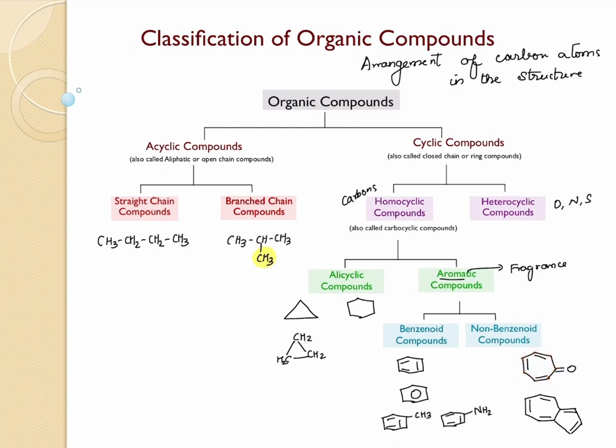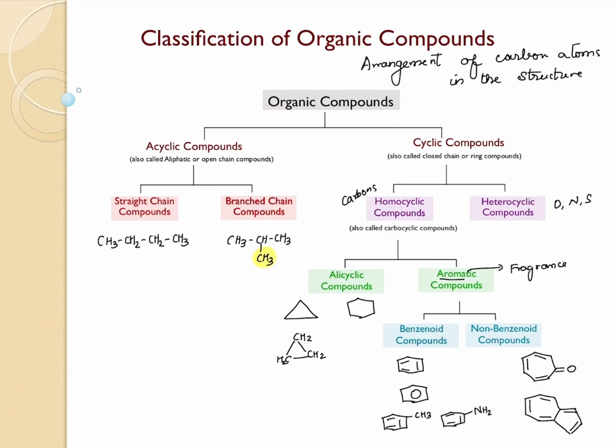When you say benzene, it is definitely going to have 6 carbons and it is going to have alternate double and single bonds. So here is the structure of benzene, but these structures don't have the benzene ring structure and therefore these fall under the category of non-benzenoid compounds. So anytime you do not have a benzene ring structure and still they are going to be aromatic, then it's going to fall under the category of non-benzenoid compounds.